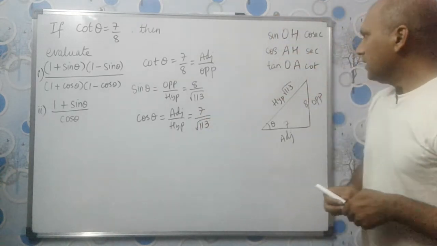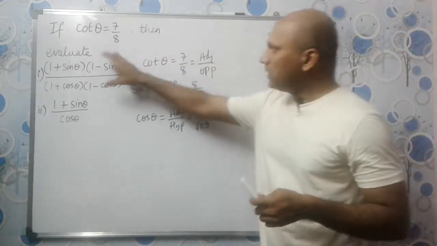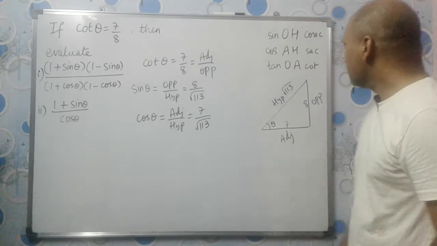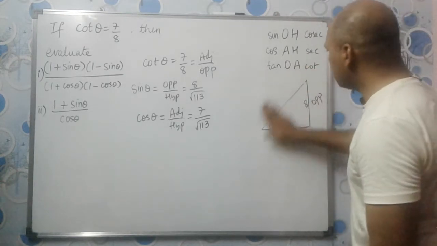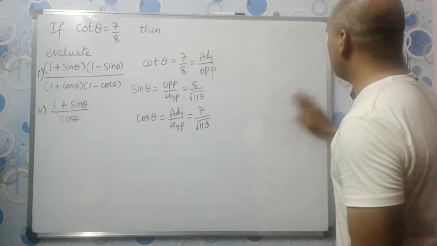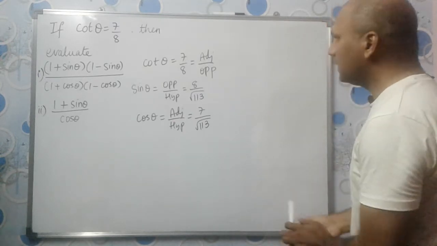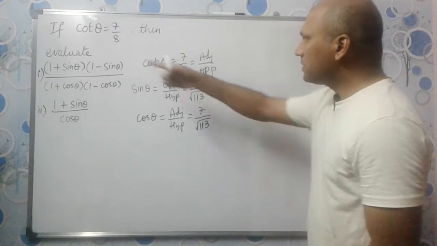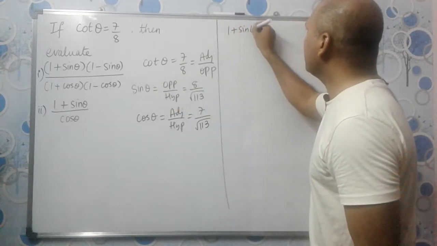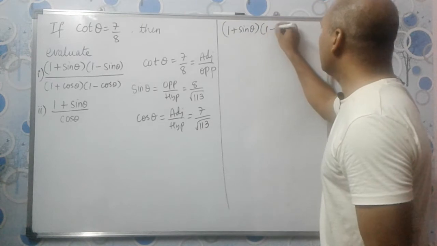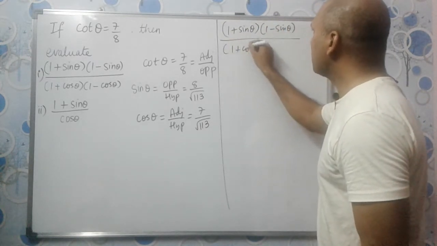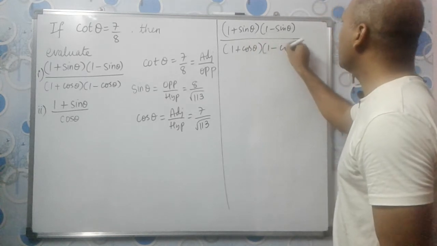Now let us substitute these values in the first bit as well as in the second bit. Let me rub this. We don't need this anymore. So we'll solve the first bit: 1 plus sine theta multiplied by 1 minus sine theta, divided by 1 plus cos theta multiplied by 1 minus cos theta.